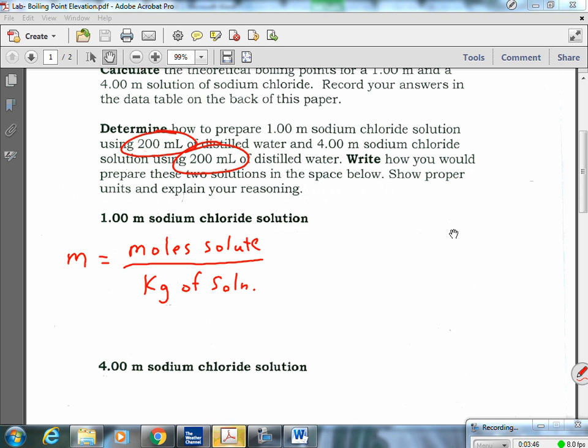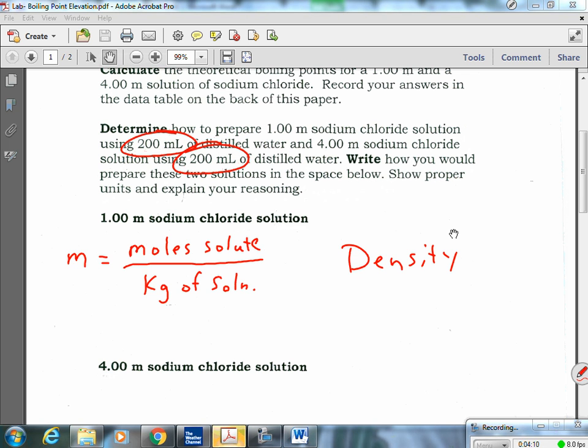So I have to have some way to determine kilograms from milliliters. Well, what that way is called the density. We are using distilled water as our solvent, okay? Distilled water as our solvent.